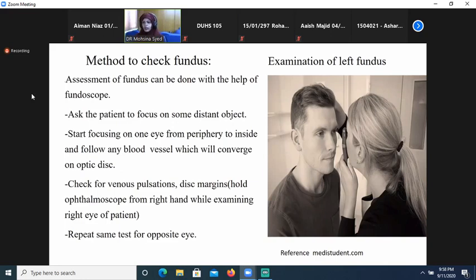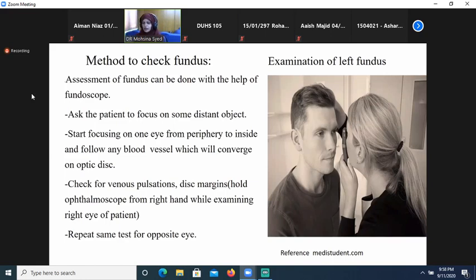For the right eye, the ophthalmoscope or fundoscope should be held in the right hand, and the examiner will examine with the right eye. So you will start approaching the patient from the right side, about 30 centimeters away, and start focusing on the pupil. When you throw the light on the pupil, it appears pink. This is known as the red reflex.